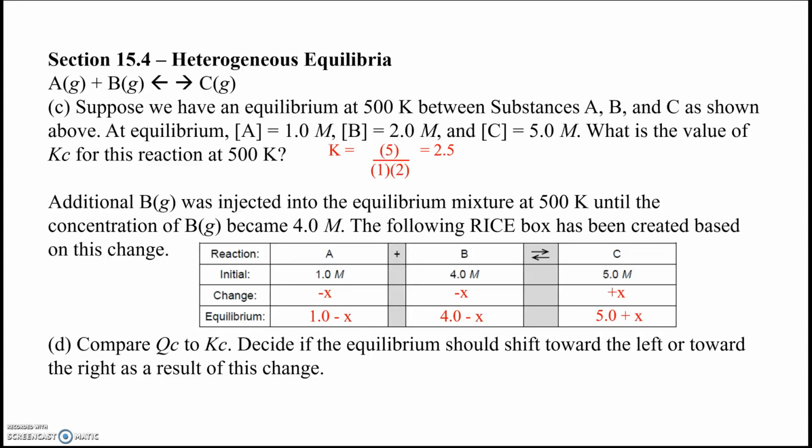When we look at our equilibrium positions, we're now going to be 1 minus X, 4 minus X, and 5 plus X. So Q will now be 5 divided by 4 times 1, or 1.25. Q is less than K, so the equilibrium shifts to the right.